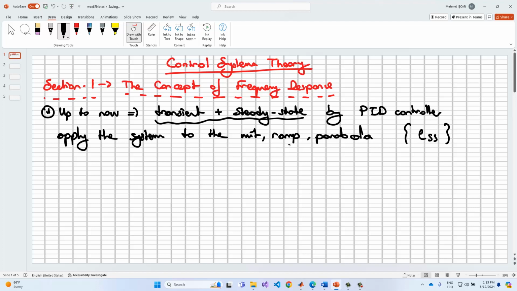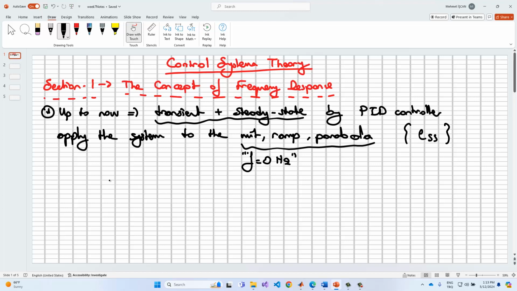But these signals can be summarized as signals whose frequency always equals 0. Okay? And so the transfer function generates the output based on the unit step, ramp and parabola. And so we can easily calculate the steady state error here when the frequency equals 0. And so this is the easy way to create your control system.